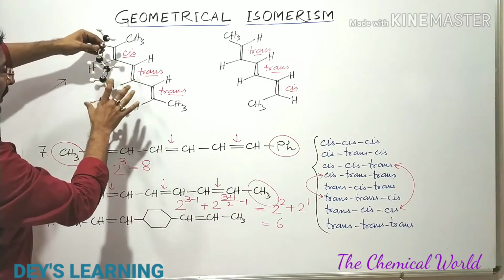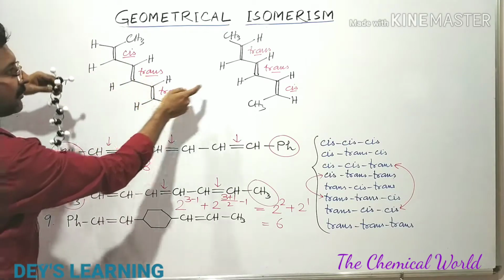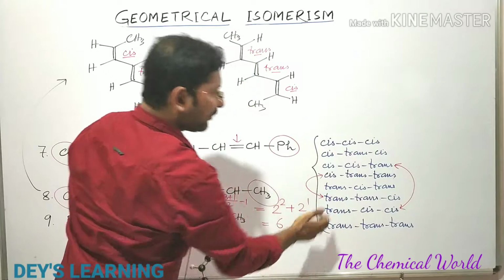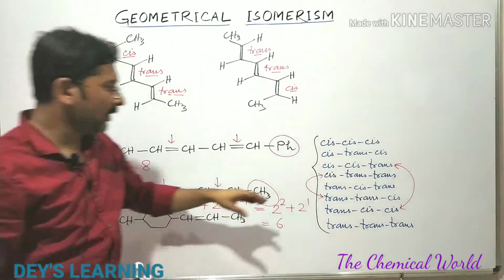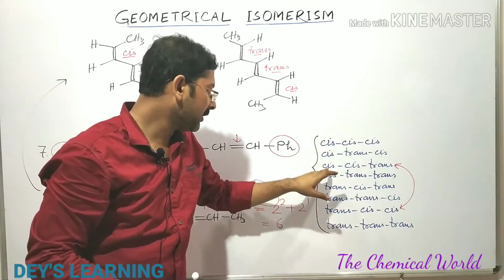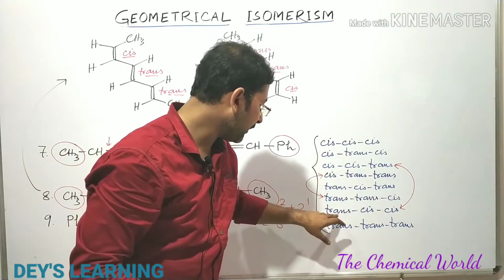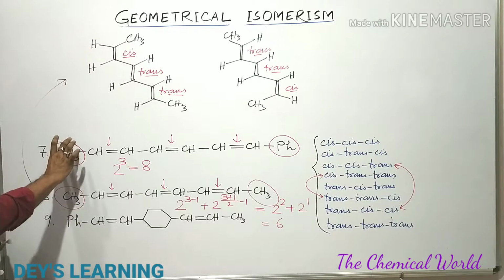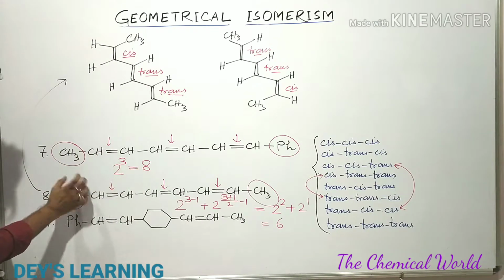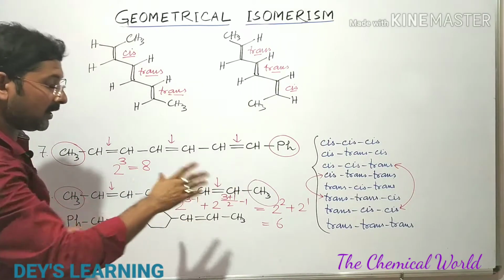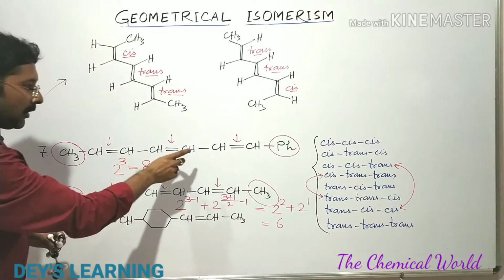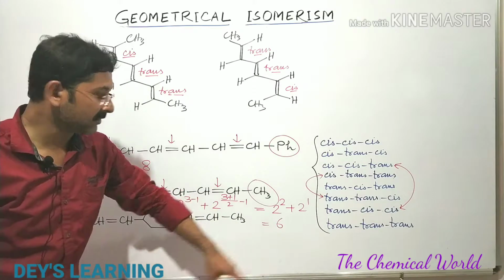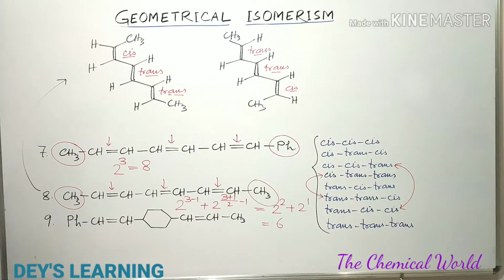So cis trans trans and trans trans cis, these two isomers are identical, and in a similar way you can find the cis cis trans and trans cis cis isomers are identical. So molecule 7 has 8 isomers and molecule 8 has 2 isomers less than compound 7. So it can have 6 geometrical isomers.